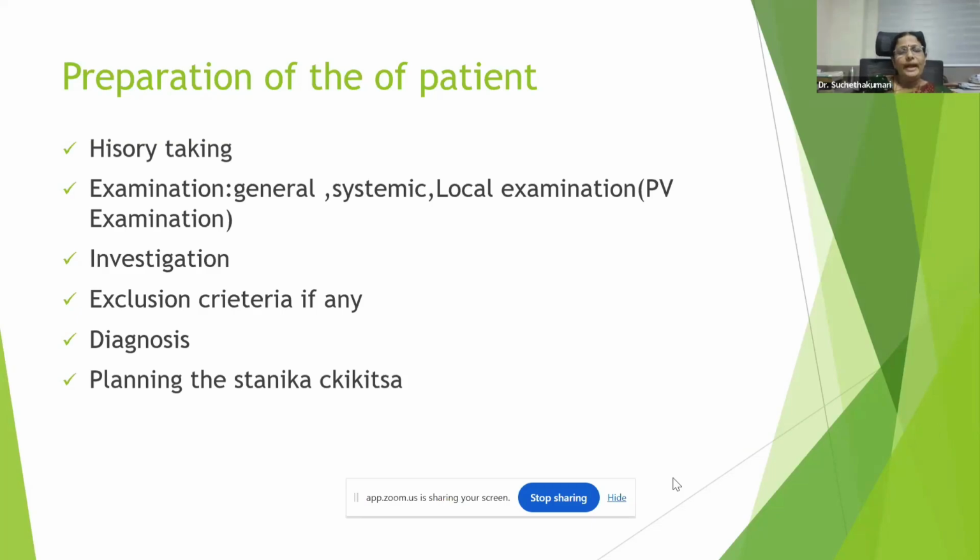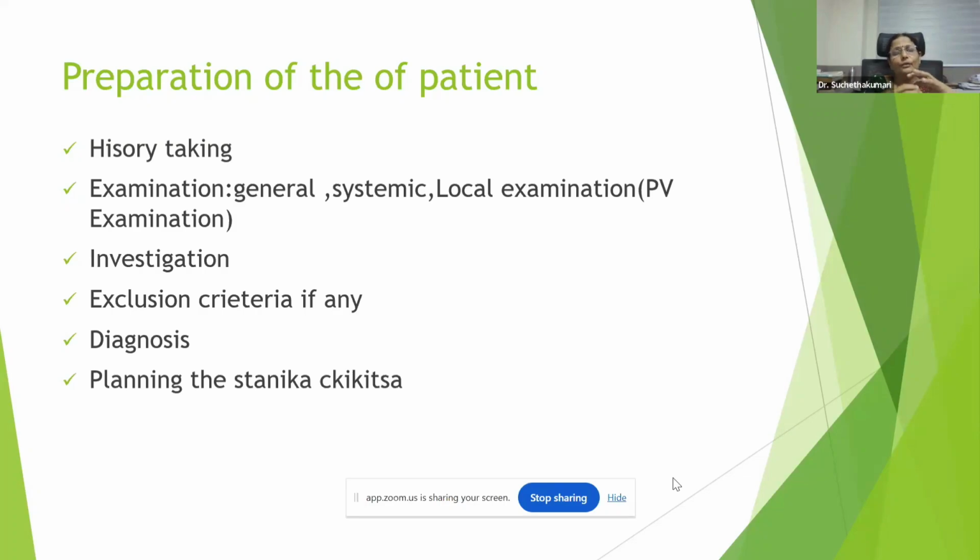So for this we have to evaluate the patient properly. First of all, we have to take proper history, the general history, and also her marital history. As we have in the pro forma, we have to take a very good history.